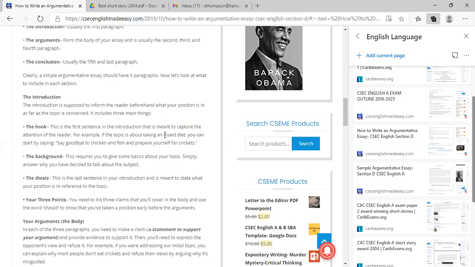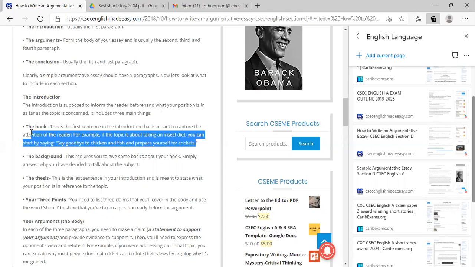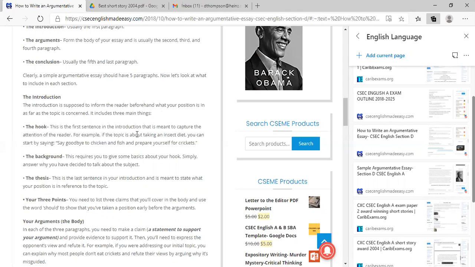It must include a hook, whether it's a quote, a definition, or anything meant to capture the attention. Then you need a background where you give me some basics about your hook, telling me any prerequisite knowledge that will help me understand it further. And then finally, your thesis, which is your position and your points.